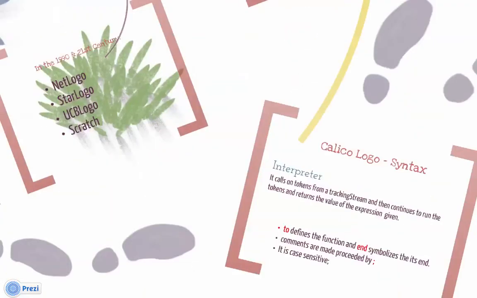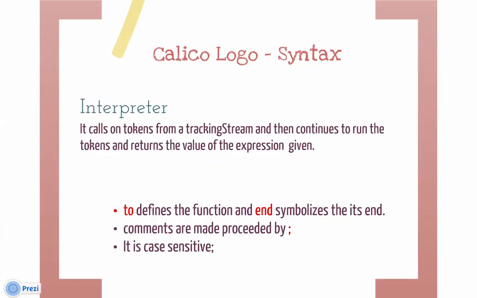So now I'll talk a little bit about Calico Logo. Calico Logo is still a work in progress, but its interpreter uses tokenization, which calls on these tokens from the token stream and then continues to run them to return the value of the expressions.